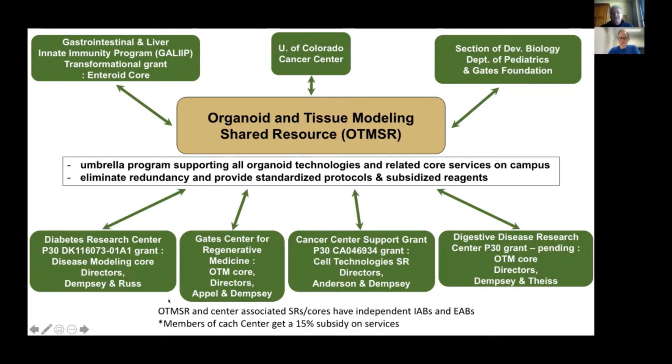While we're trying to reduce the redundancy and have this centralized system, all of these entities have their own IRBs or EABs associated with them. I'm not going to go into the details there. That's the complicated part. But the key for the investigators that want to use the core is that you get a 15% subsidy if you're a diabetes center member and a cancer center member, so you'd actually get a 30% subsidy on your services.